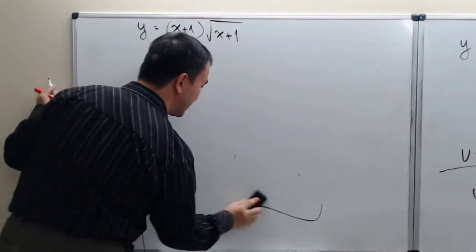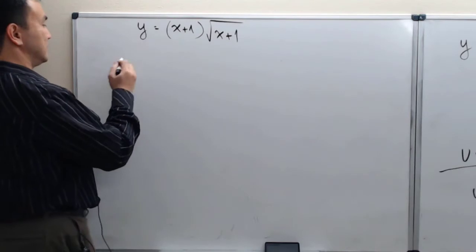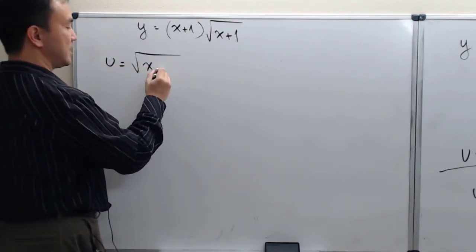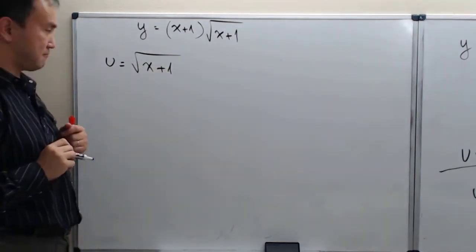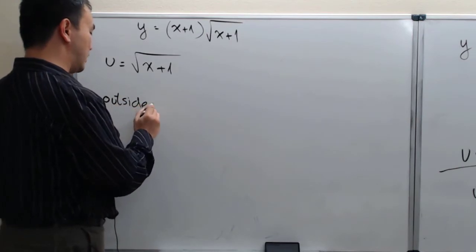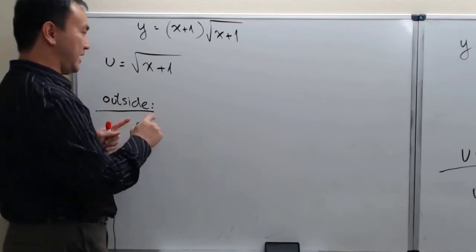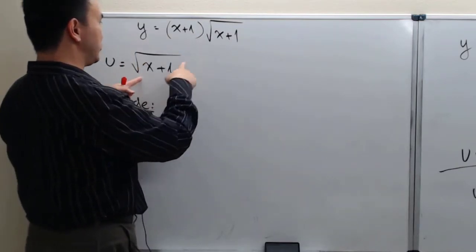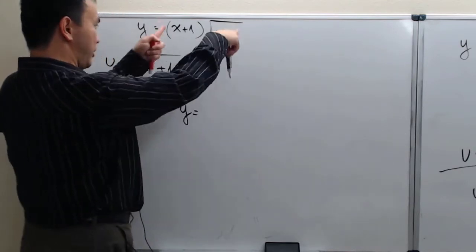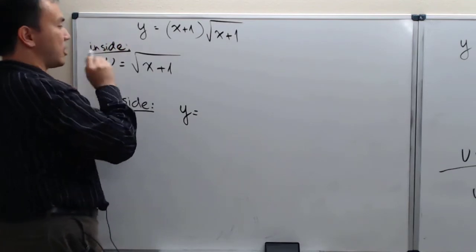But now what if we chose u to equal the square root of x plus 1 here? Then yes, we can immediately, as I said, even for people doing calculus who are experienced, see that once we chose this to be the inside, there's no right or wrong inside function.